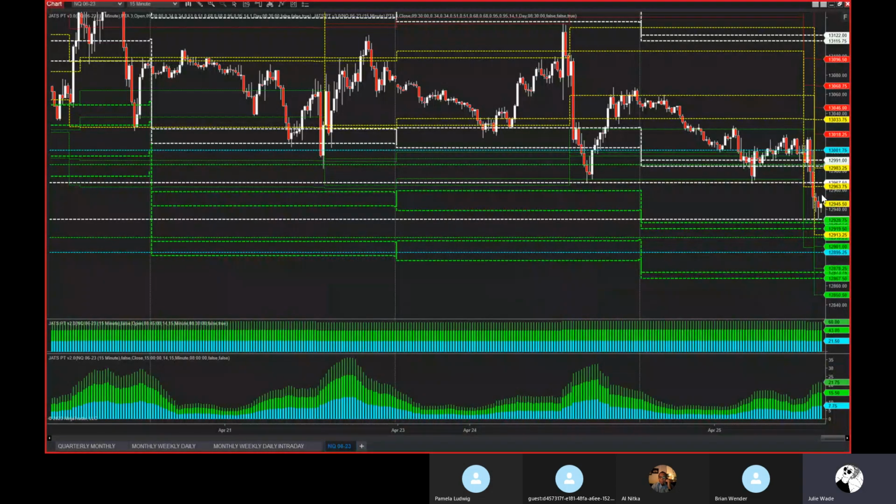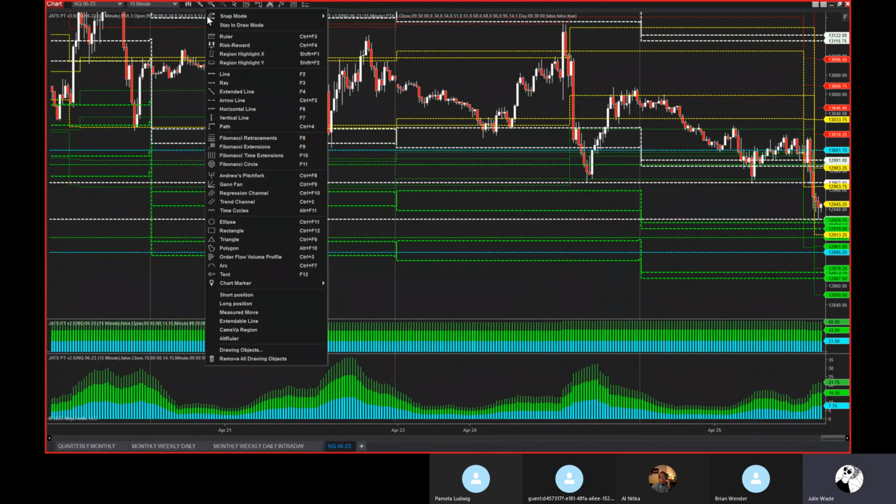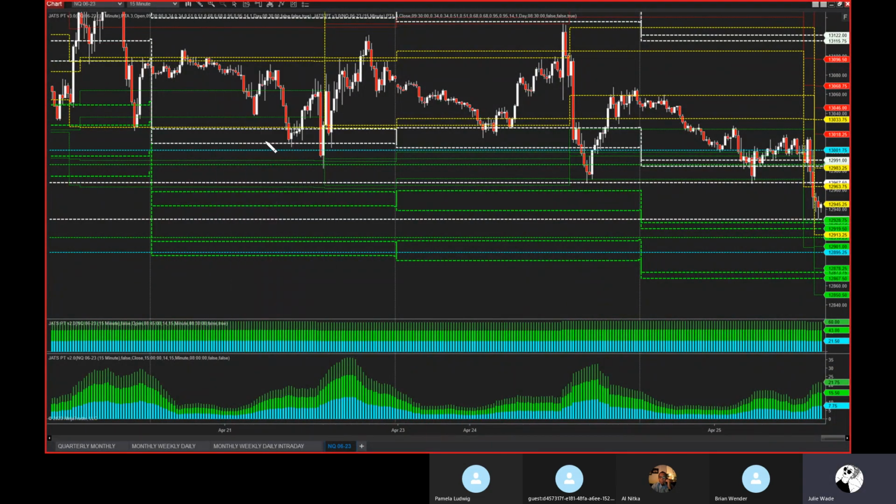So you can see we're going right to the middle of this little 15-minute range. So now we're going right to the middle of it, right there.